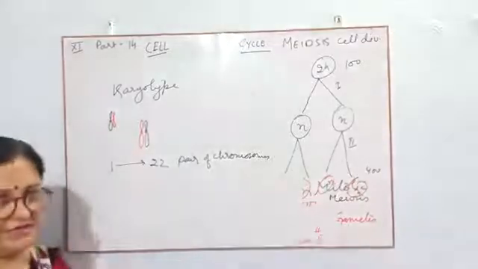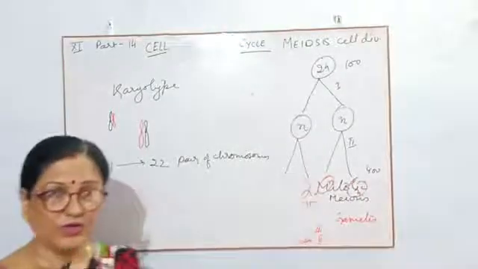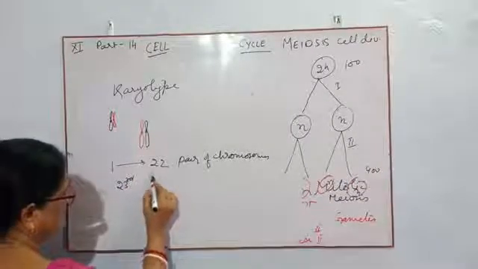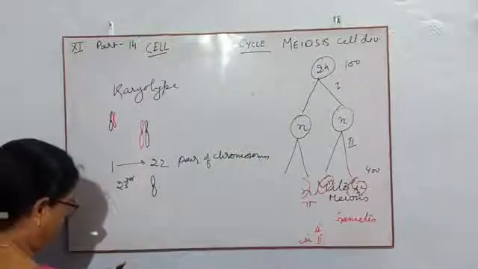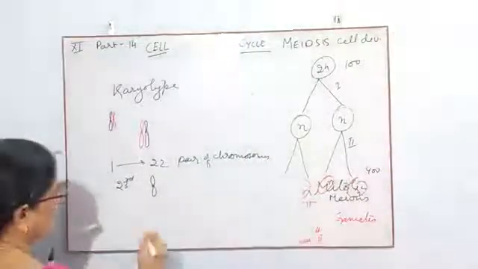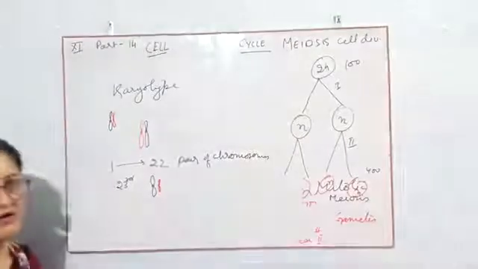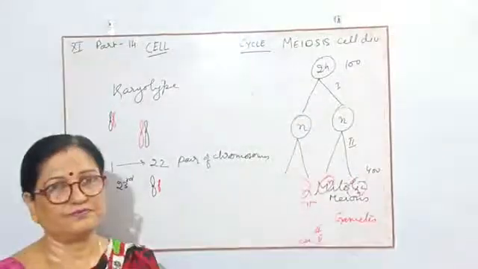There is no difference. Only the 23rd pair has the combination of X and Y. X will be bigger and Y will be the smaller one. This is the pairing of the 23rd chromosome.